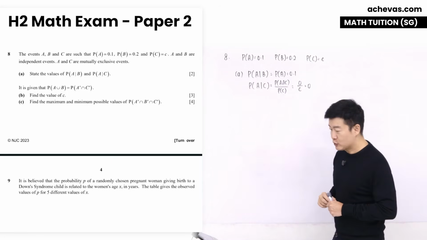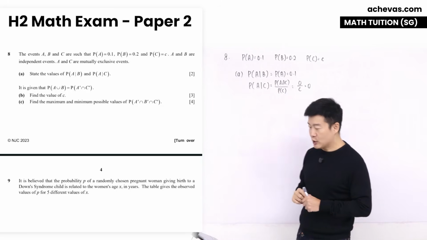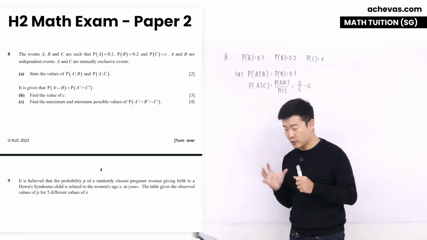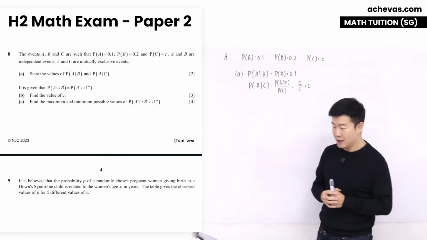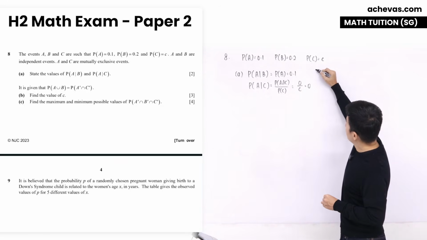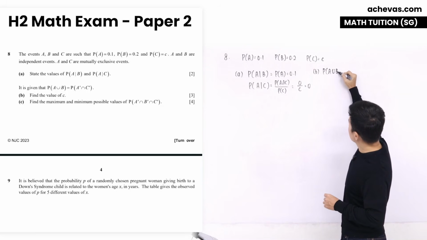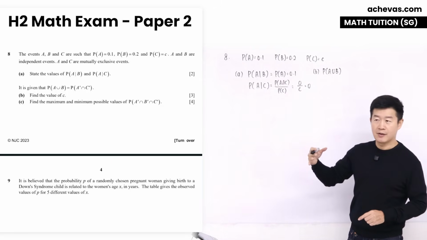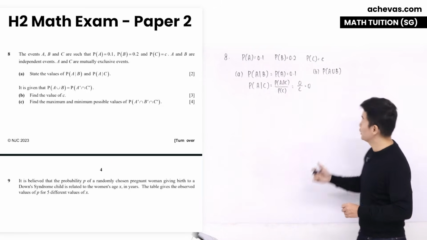Next, it is given to me that the probability of A union B is equal to the probability of A prime intersect C prime. We are going to make use of this equation most likely to find C in part B. So the first thing that I am going to try to do is to calculate the probability of A union B. We're going to use the formula that we have learned since secondary school.